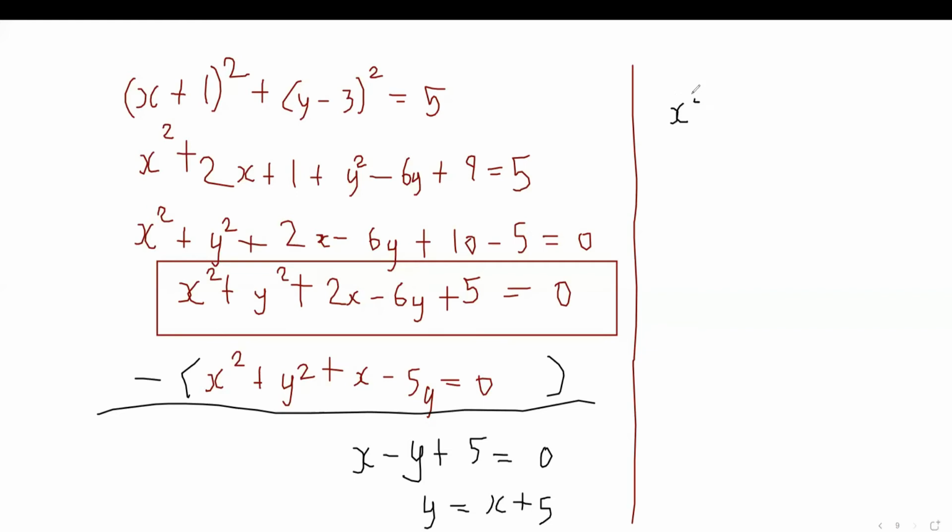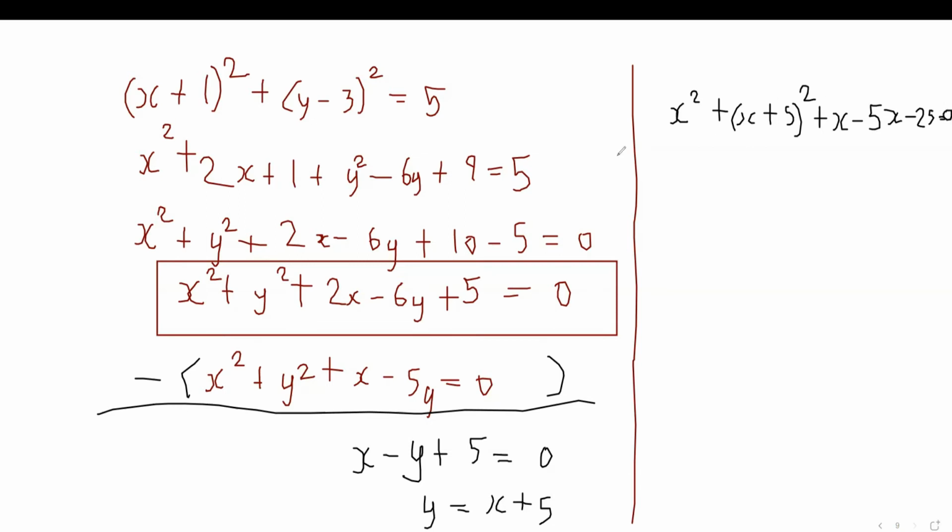So we're going to get x squared plus y squared become x plus 5 all squared, then plus x, and minus 5 times y, sorry, minus 5 times this. So it becomes minus 5x minus 5 times 5 is 25, so minus 25 equals 0.